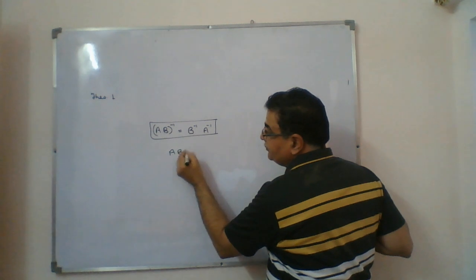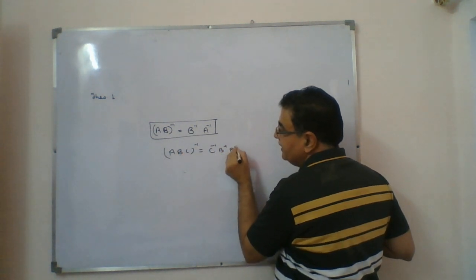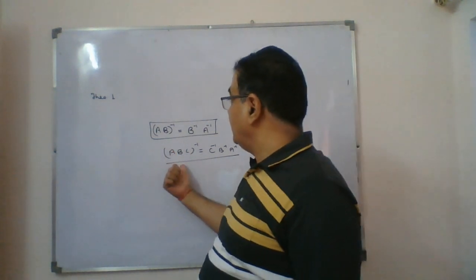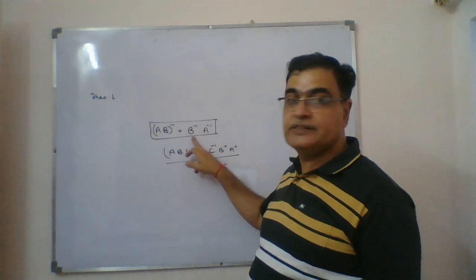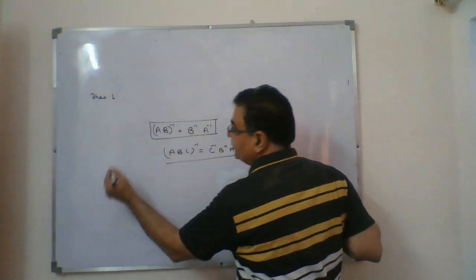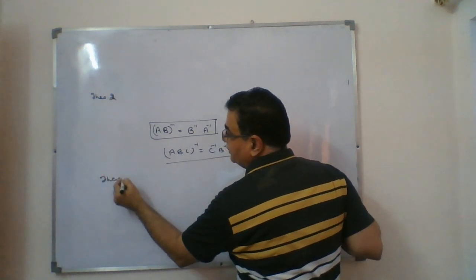By the way, if it is the inverse of ABC, then it will come as C inverse, B inverse, A inverse. This is another theorem in which the inverse can be separated. Third theorem, theorem number 3.